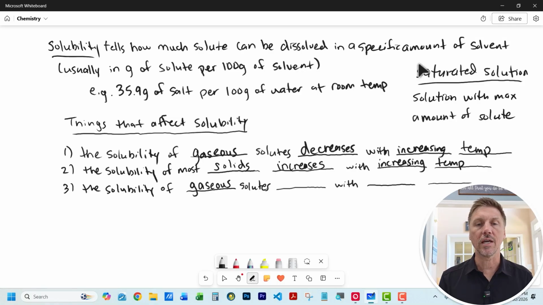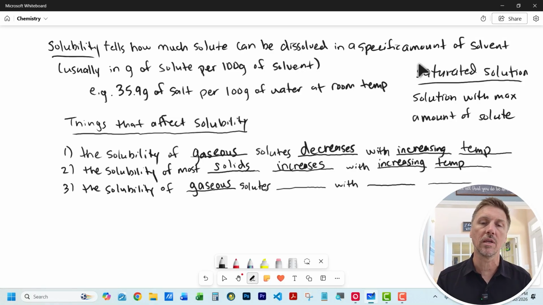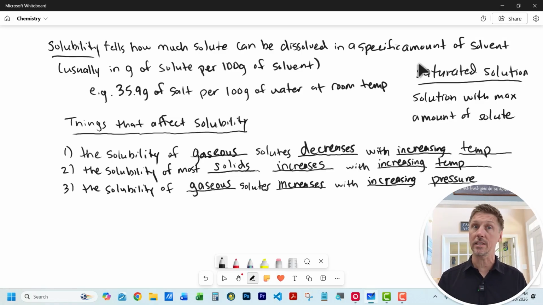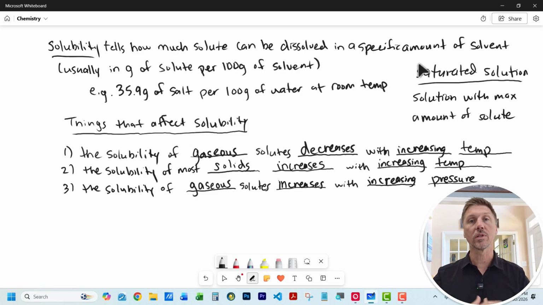But the solubility of gaseous solutes increases with increasing pressure, right? So as soon as you pop the top on that soft drink, it's a ticking time bomb at that point, right? You have released the pressure.